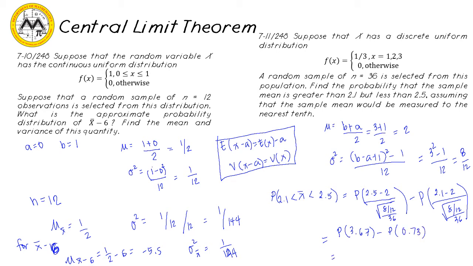So the probability between 3.67 and 0.73 is 0.23258.